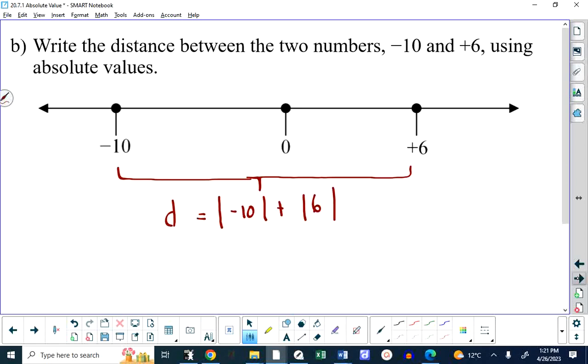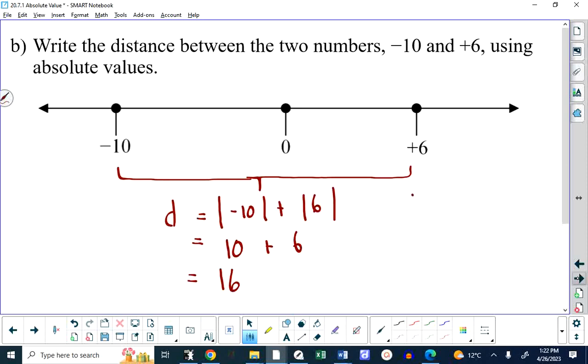That would work. And by the way, just to show you that that's true, the absolute value of negative 10 is 10. We're not done with this question. The absolute value of 6 is 6, so it's 16. It checks out. Could we have done this? Could I have said, let's just subtract those two numbers.